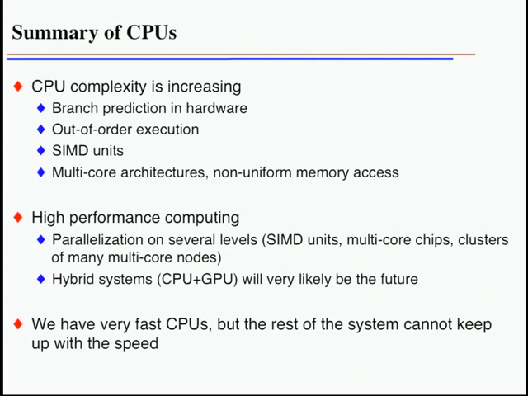Then you have these SIMD units, which offer a slightly different computing paradigm, which you have to use if you want to get the most performance out of your CPU. And additionally, multi-core architectures with non-uniform memory access, which makes things even harder. So not every processing core can access every part of your computer's main memory with the same speed.